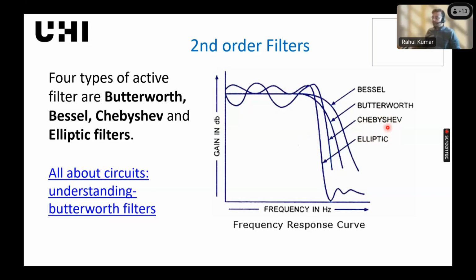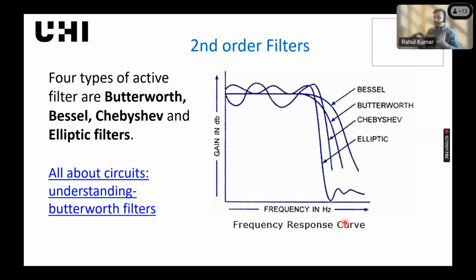But if in your application you need a very smooth response in the passband, and it's okay for you to have a slightly larger slope, then you can choose either of those, like Bessel or Butterworth, for smoother passband response.